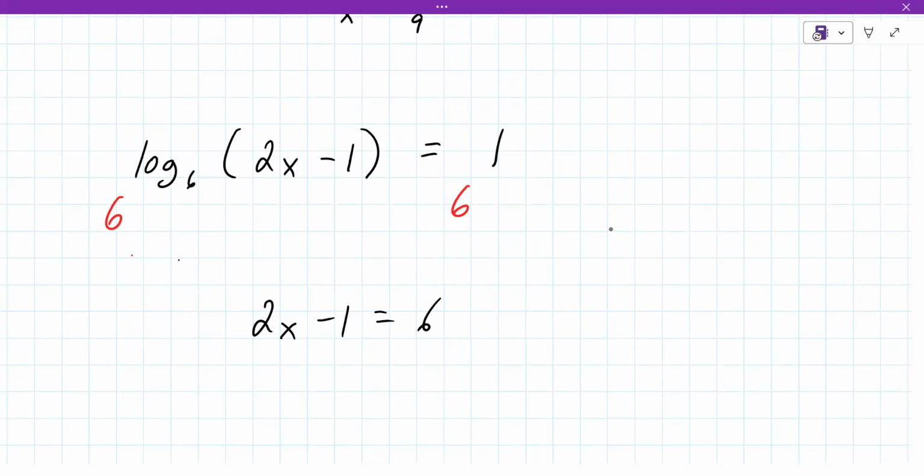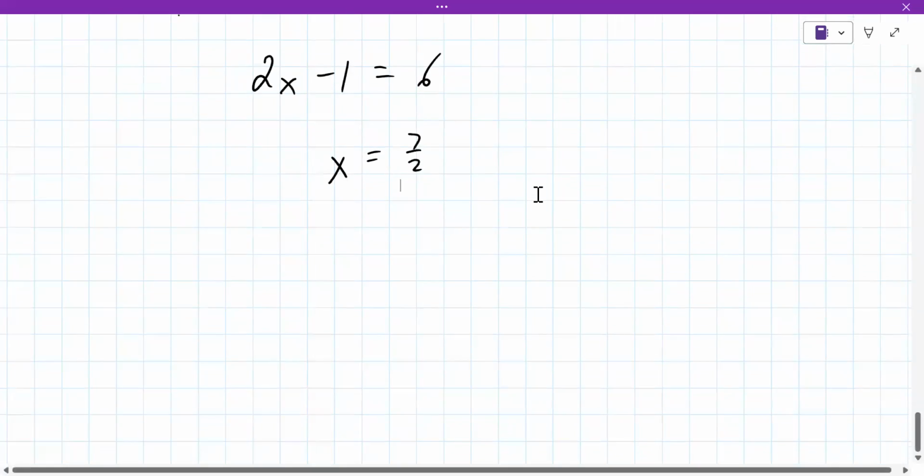x equals 7/2. So 7/2, good. All right, let me give you one more before we move on to another style of problem.